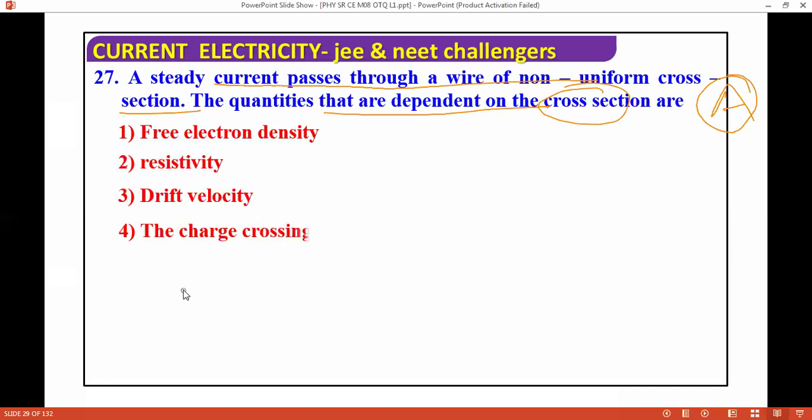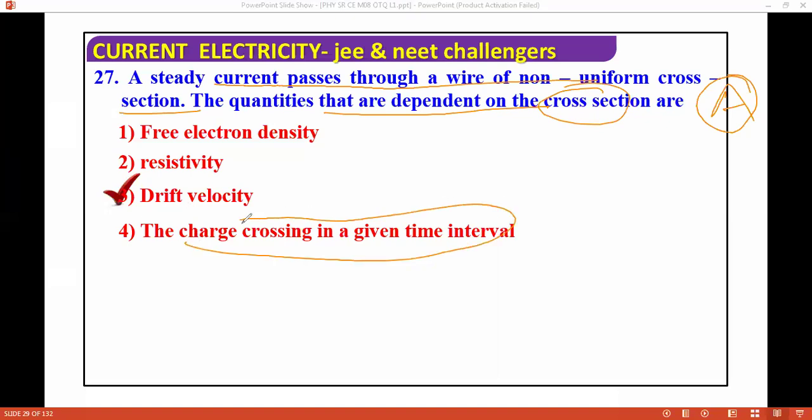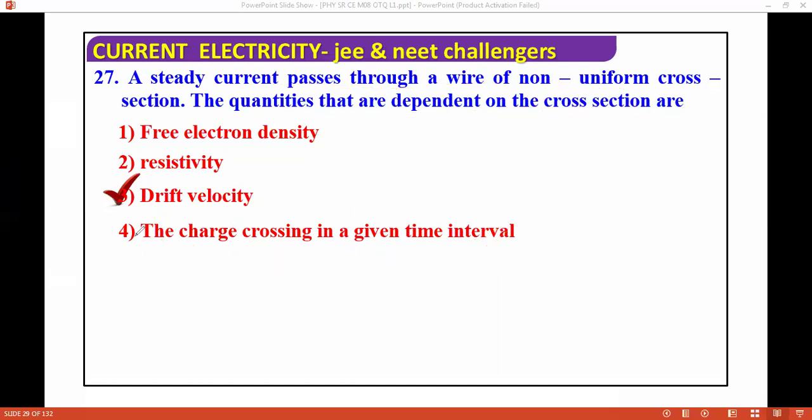For the calculation of drift velocity, area comes in. For electron density, resistivity, and charge crossing in a given time interval, it's totally blended. I already stated this. The charge crossing in a given time interval is the same. I hope you understood the concept.